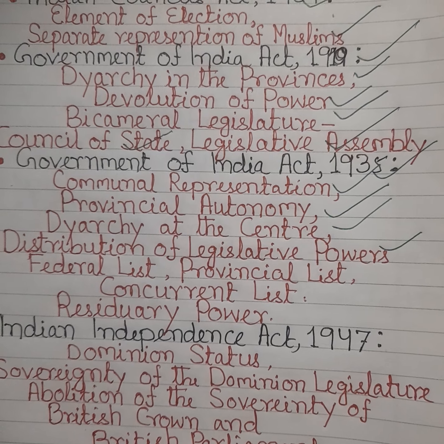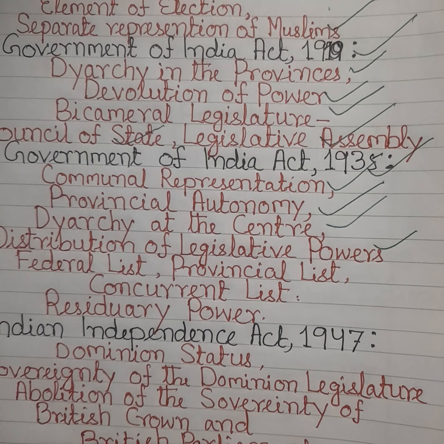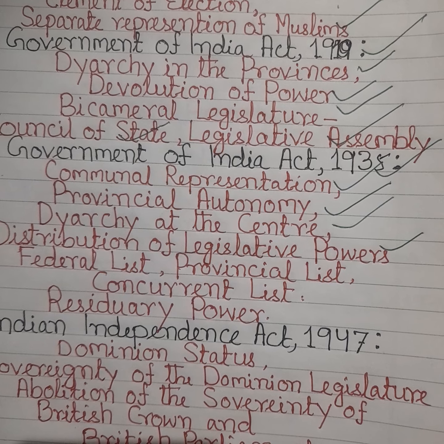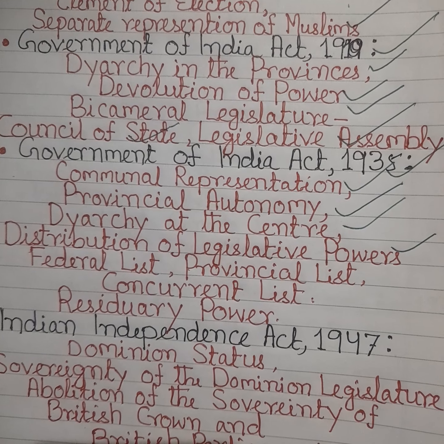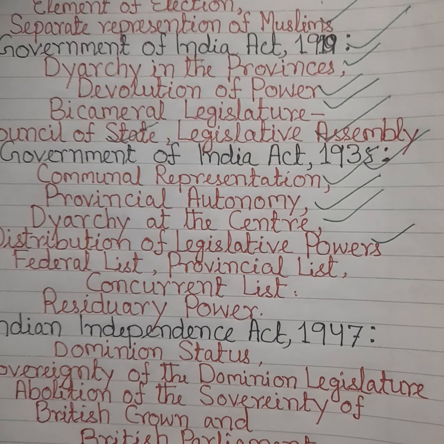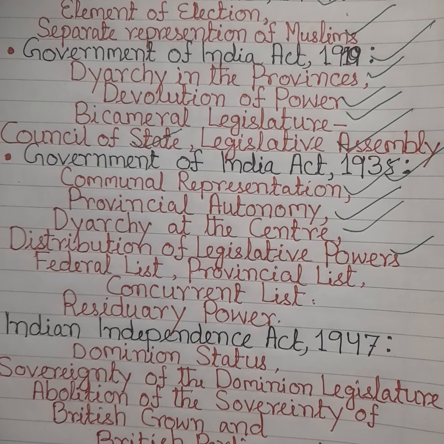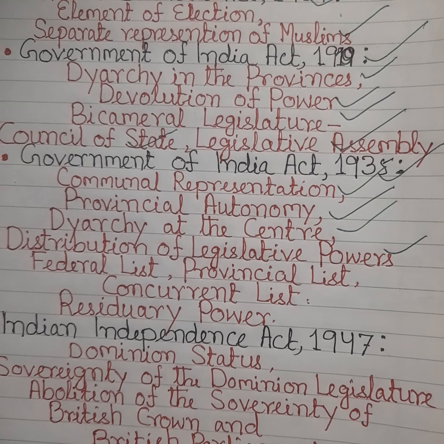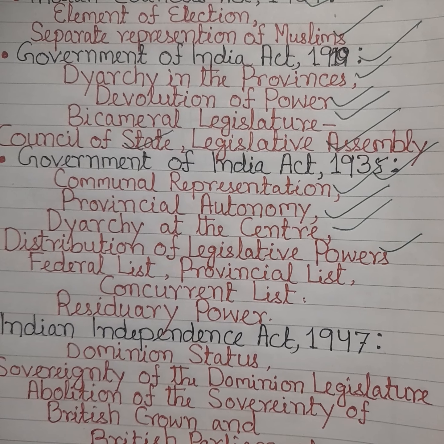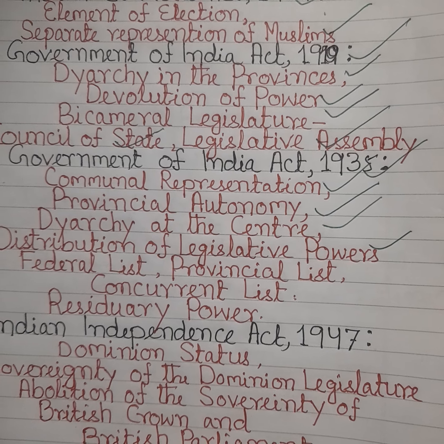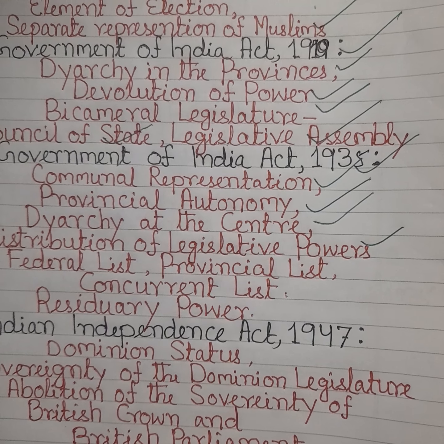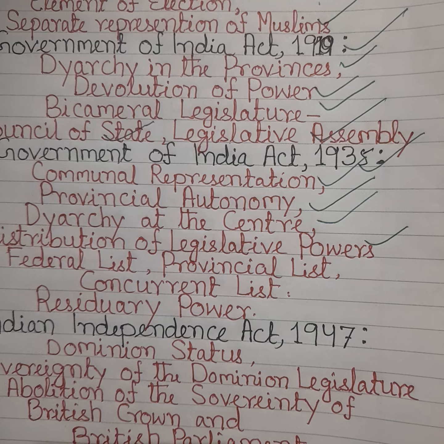And the second list, that is the provincial list, consists of the matters over which the provincial legislature has exclusive jurisdiction, such as police, provincial public service, education, etc. And besides these two lists, there was a concurrent list of matters over which both the federal and the provincial legislature had competence, such as criminal law and procedure, civil procedure, marriage and divorce, arbitration, etc.